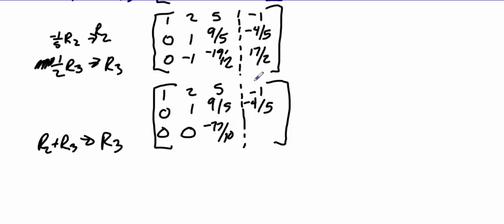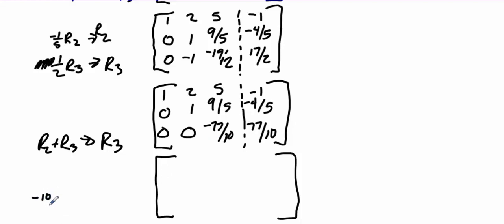And fortunately, when I add these two together, I get 77 over 10. We're very happy because now if I want to get a 1 here, all I need to do is multiply by the reciprocal, so negative 10 over 77 times row 3, replace row 3.